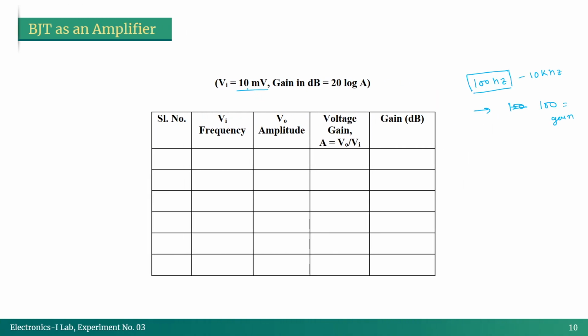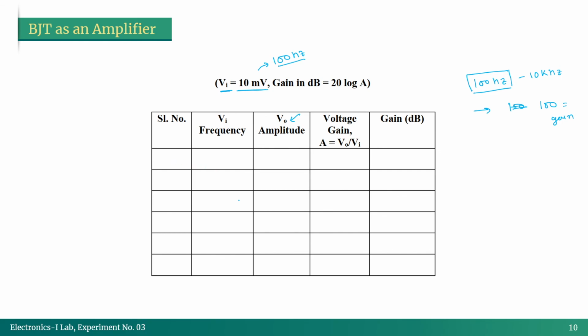So here you can give 10 millivolt or 100 millivolt, whatever value you give as input here, just keep that fixed. Then start with 100 hertz, get the output V naught, and then change the frequency to a different value.